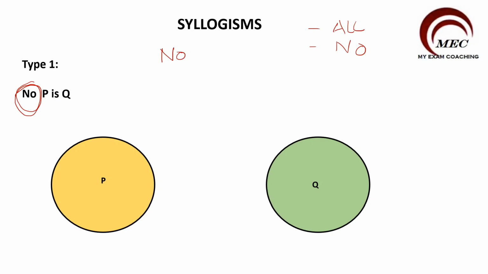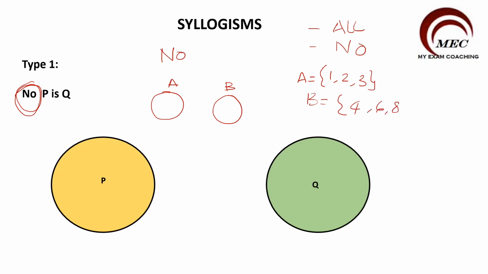So whenever the word no is used, we have to draw the Venn diagram in this fashion because A and B are different. So A is not related to B. For example, if I say A is equal to 1, 2 and 3, this is the set A, and B is equal to 4, 6 and 8.